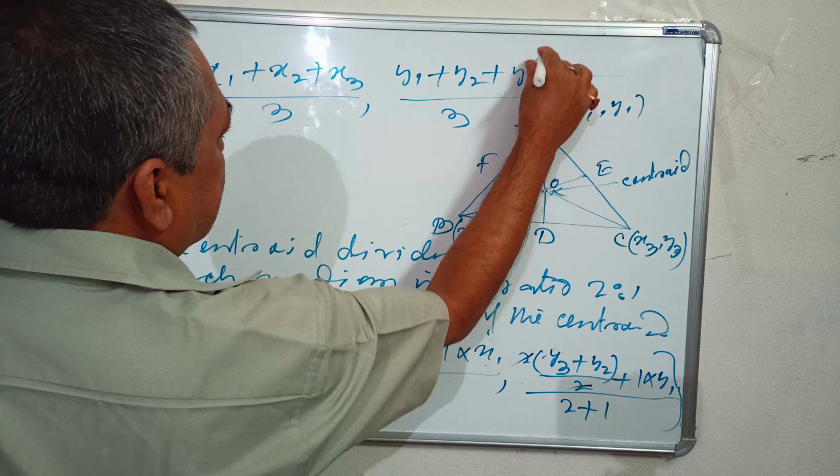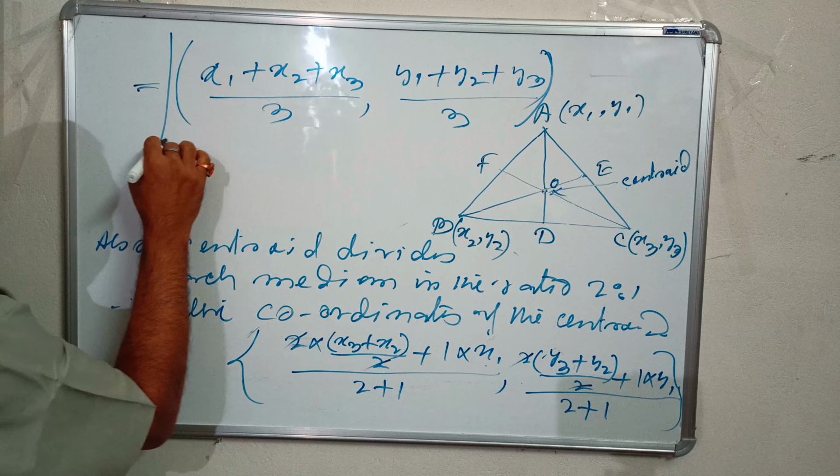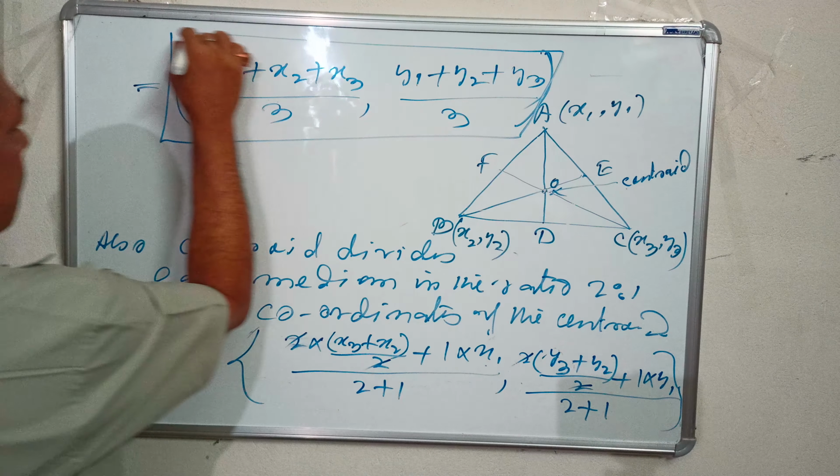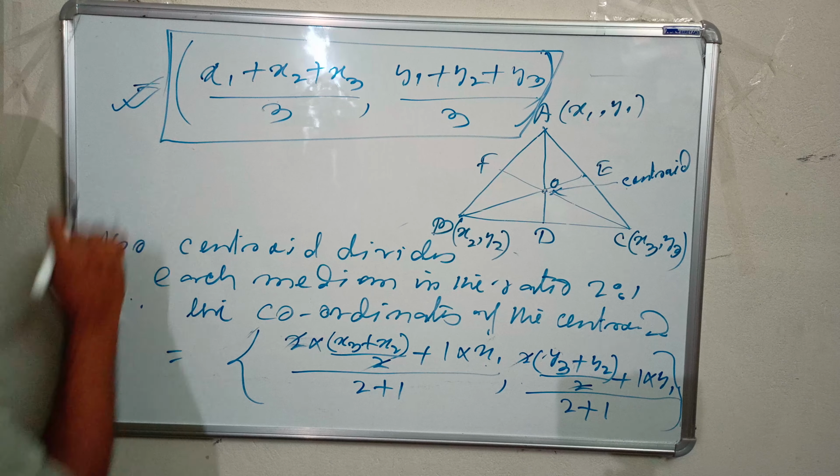So this is the coordinates of the centroid of a triangle.